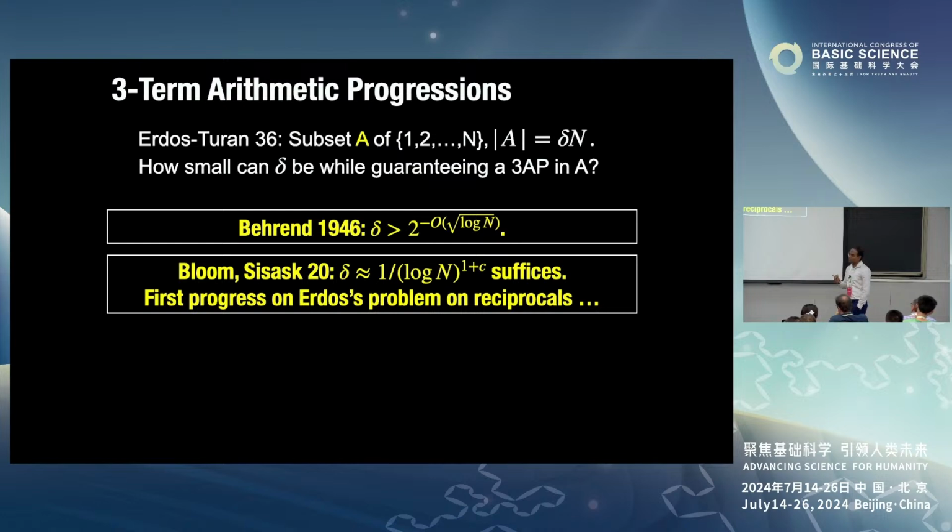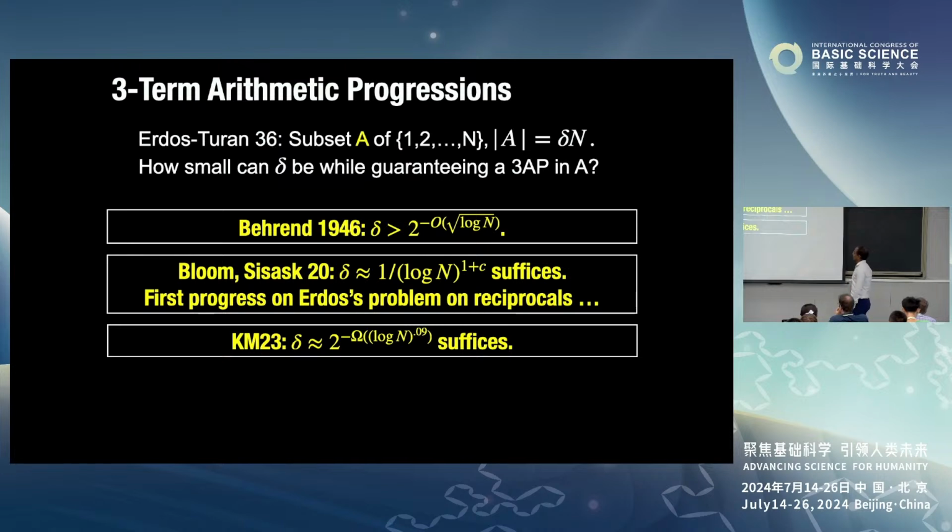Even sets which are slightly smaller than log density, so 1 over log n to the 1.01, will contain such a pattern. Like a small improvement quantitatively to go from 1 over log to 1.01, but it kind of qualitatively changes things, as I'll mention in a second.